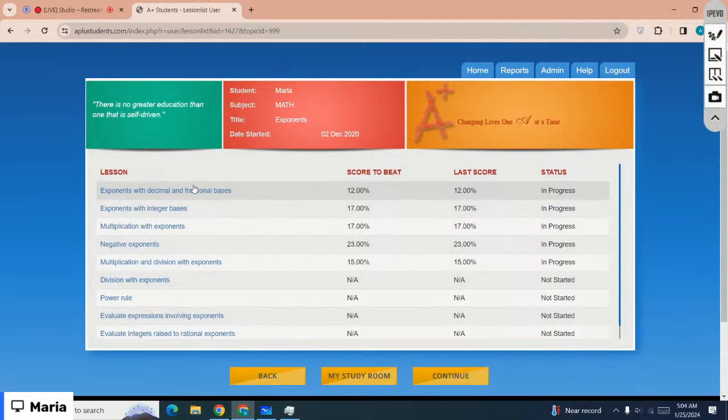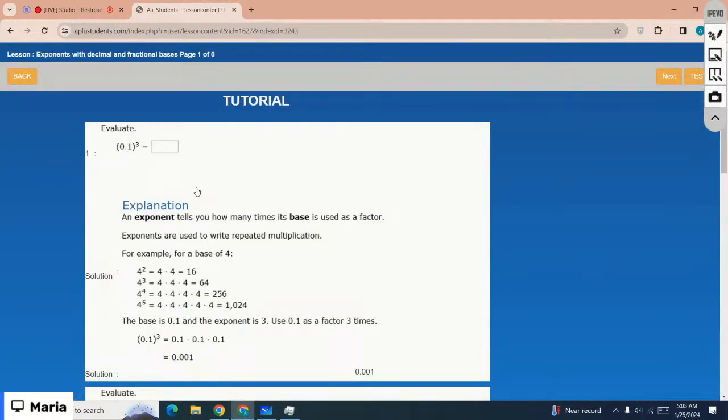Okay, the first one is 0.1 exponent 3, right?